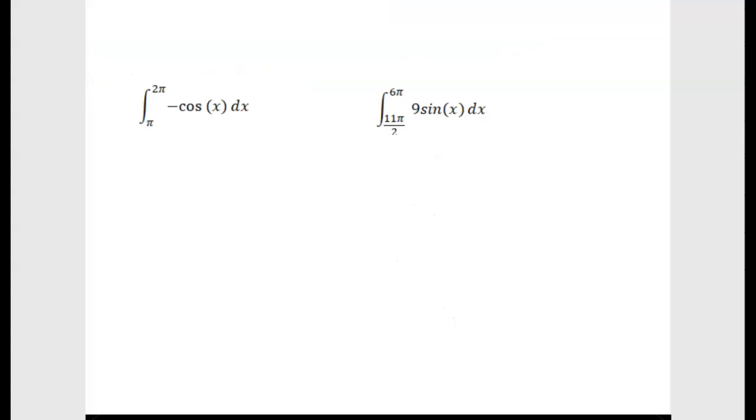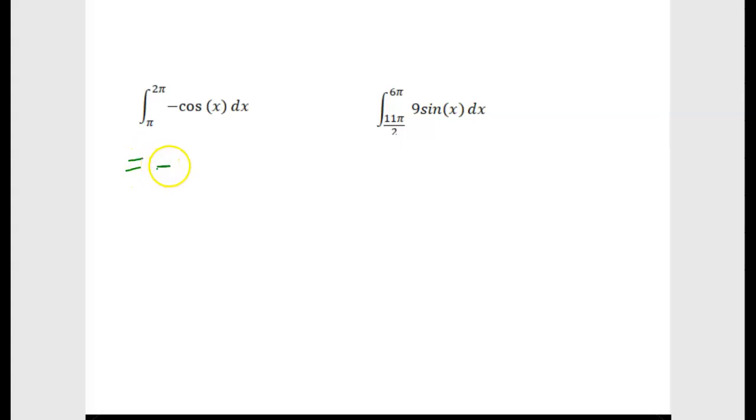So you have negative cosine x. They kind of took the negative out of the problem for you. If you look up at your chart, the antiderivative of cosine is sine. So the negative is just going to tag along.